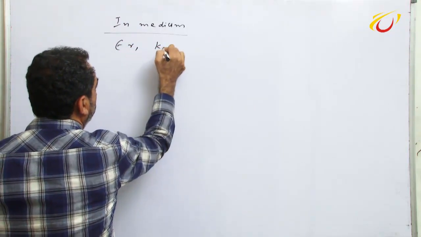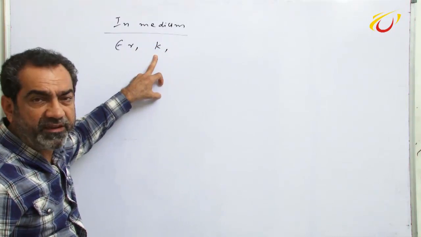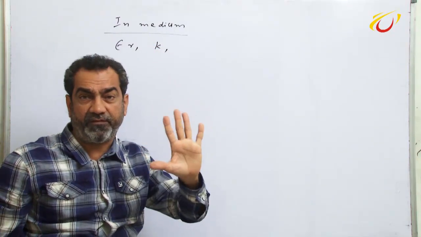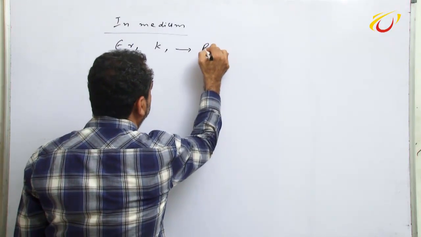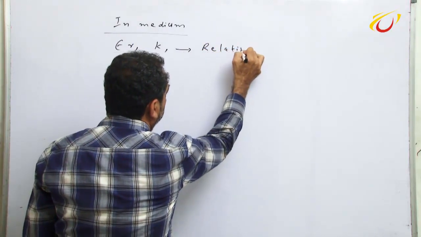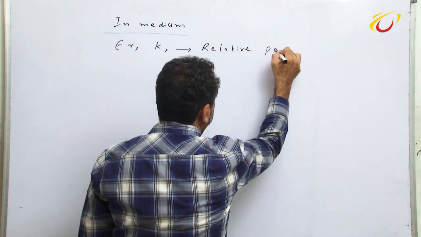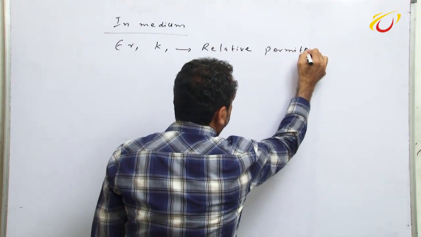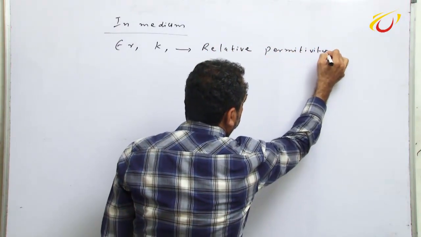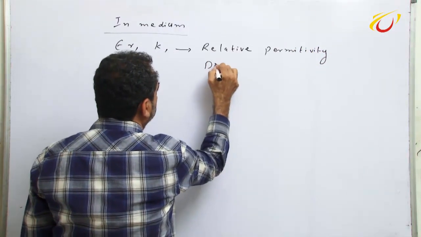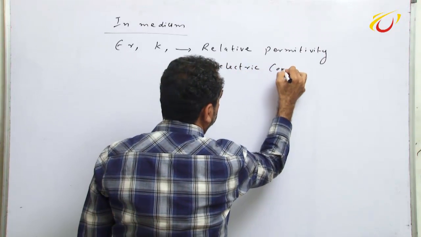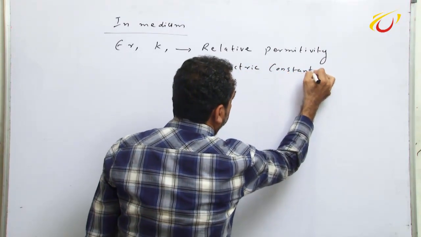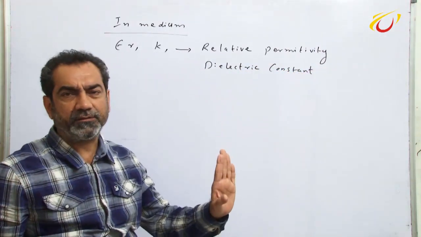Epsilon r or k, I will make the habit of k, not epsilon r. Both you can call; it is called relative permittivity or dielectric constant.